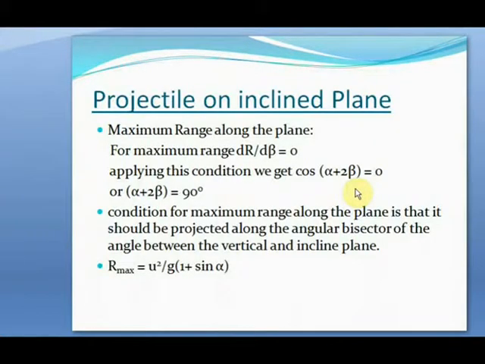Now let's see what is the maximum range of the projectile along the inclined plane. For any given inclination angle alpha, the range will be maximum when dR by d beta is equal to 0. So let's calculate this maximum range. So we already have range R is equal to 2u square by g cos square alpha into sin beta into cos alpha plus beta.